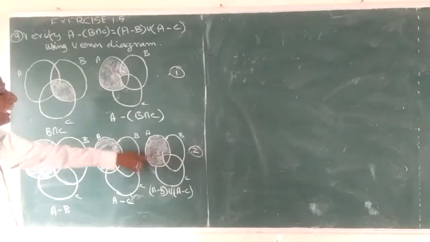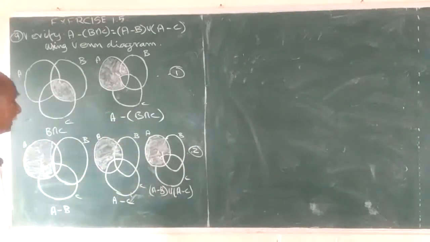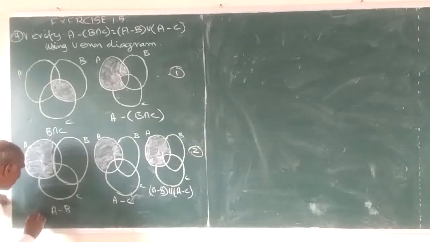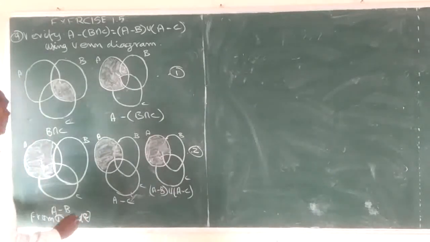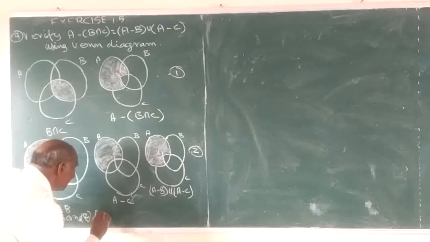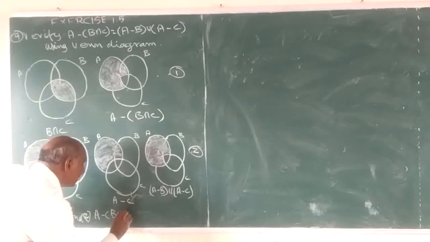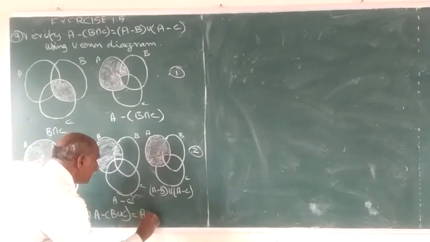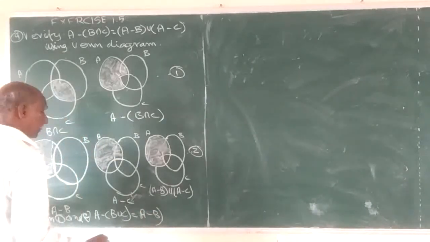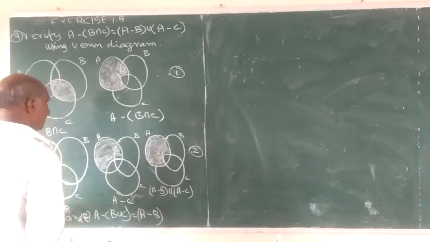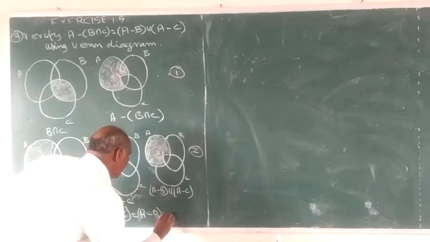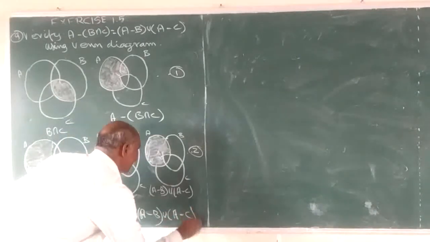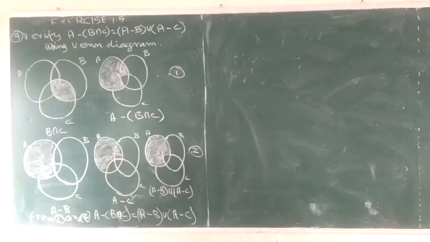These two diagrams are same. So from 1 and 2 we conclude A difference B intersection C equal to A difference B union A difference C. This is verification by Venn diagram.